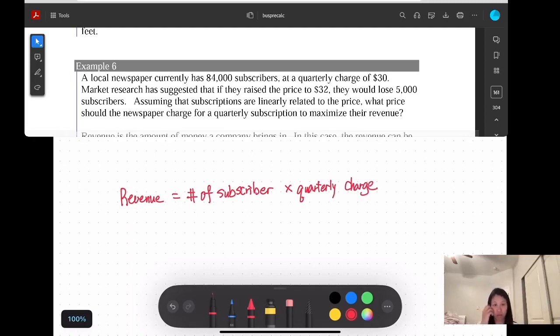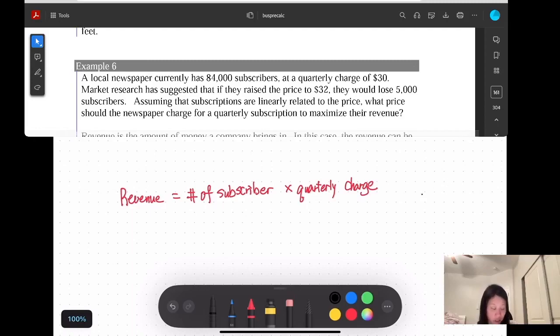Since they say market research has suggested that if they raise the price to $13.2, they will lose 5,000 subscribers, how can we get this linear relation?